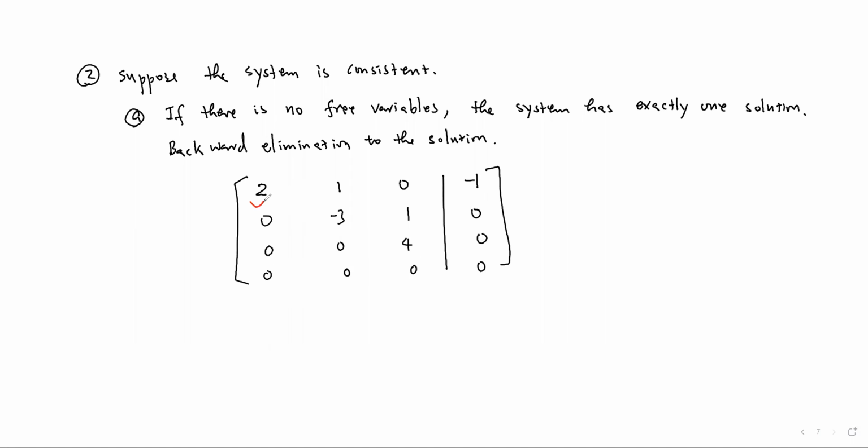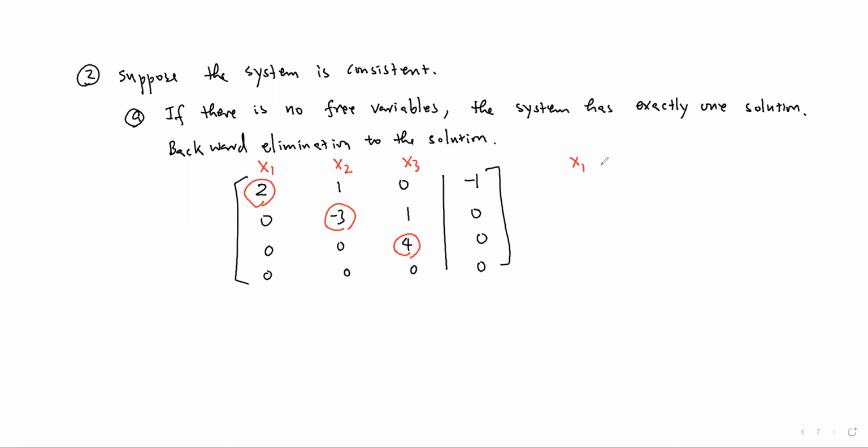The 1,1 position is a pivot position, and also this is a pivot position. First column, second column, third column are pivot columns. So the first column is for x1, the second column for x2, and these are x3. So x1, x2, x3 correspond to pivot columns.